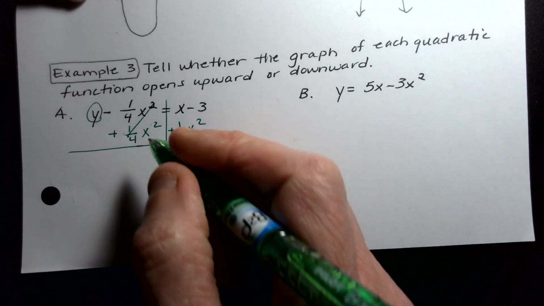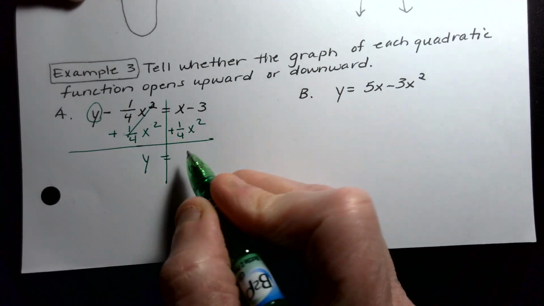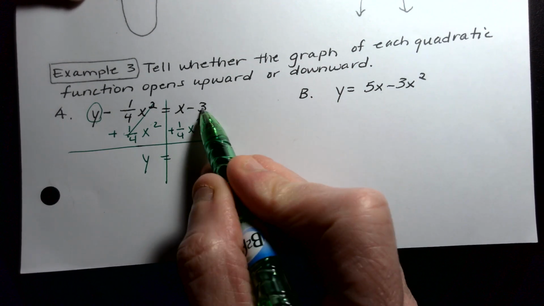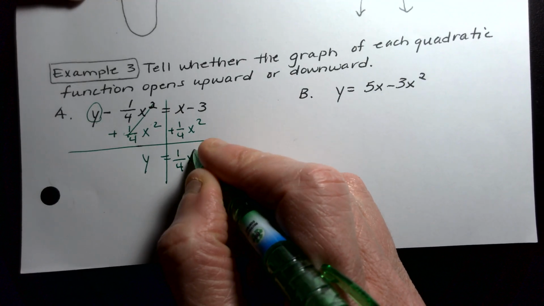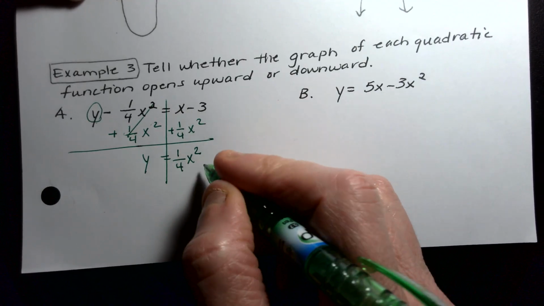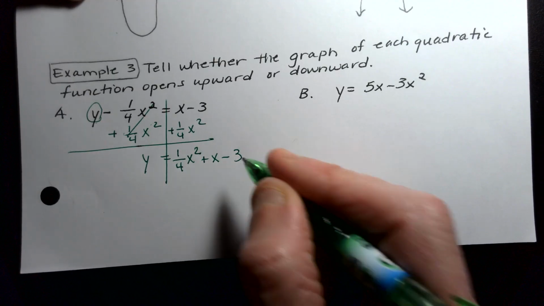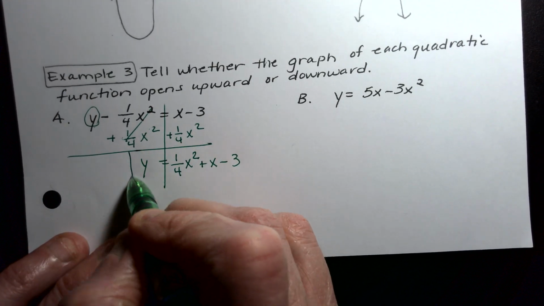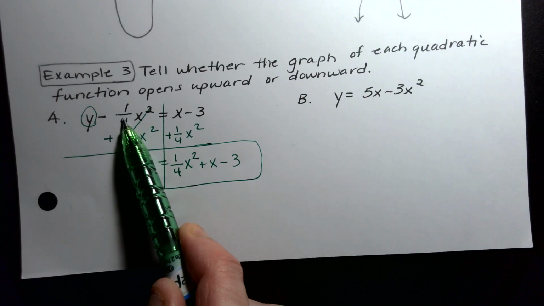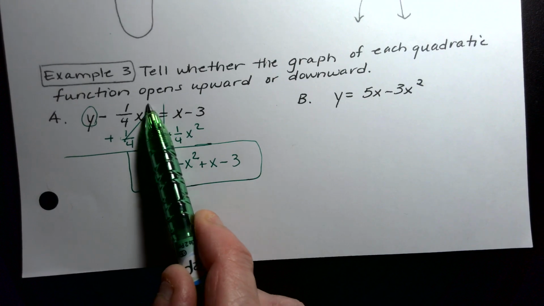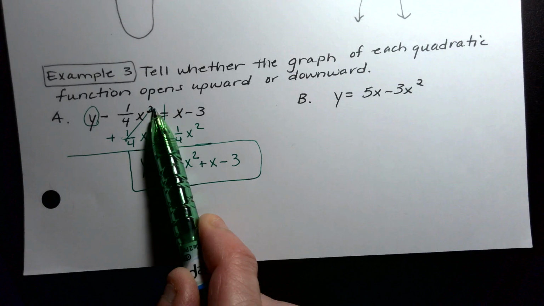That's gone. I'm left with y equals, and x squared, x, 3, none of those are like terms. So I'm just going to write 1/4 x squared and then rewrite these terms, plus x minus 3. So take a look at that. When I add a whole term, because I'm not going to add just the fourth, this is a monomial. This is all together.